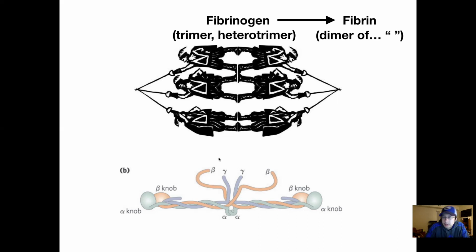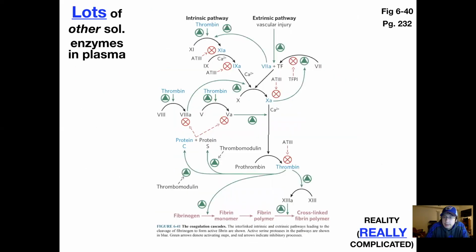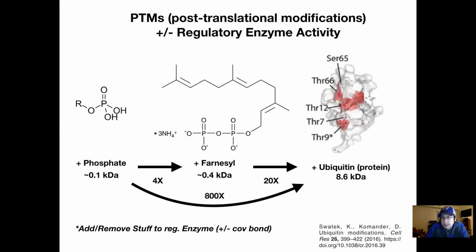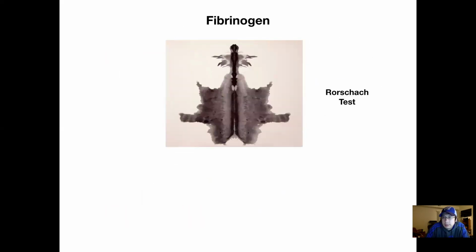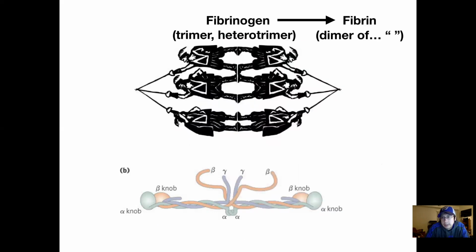Okay, so the protease that cuts it off is thrombin. Thrombin cleaves off 2 tiny fragments that come off of fibrinogen, and once you make these cleavages, it can start to aggregate. Fibrin simply refers to the cleaved part that is prone to aggregation.